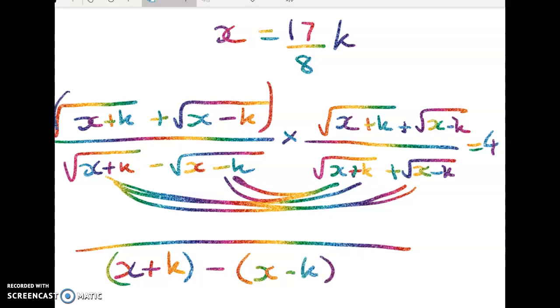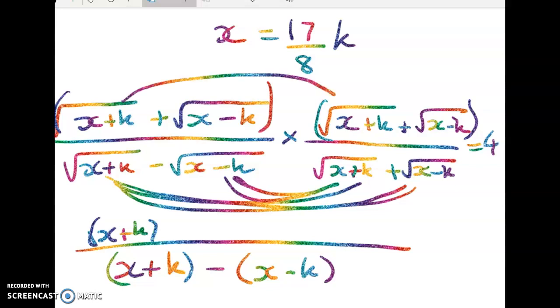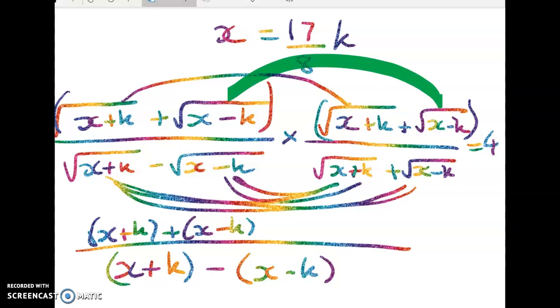We have to be a little bit more careful in the numerator. I'm going to have x plus k for those two, and then plus x minus k for these two. And then I get a double.